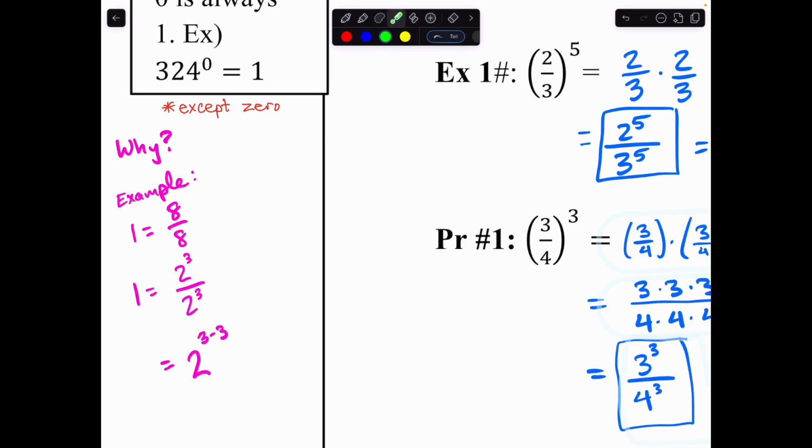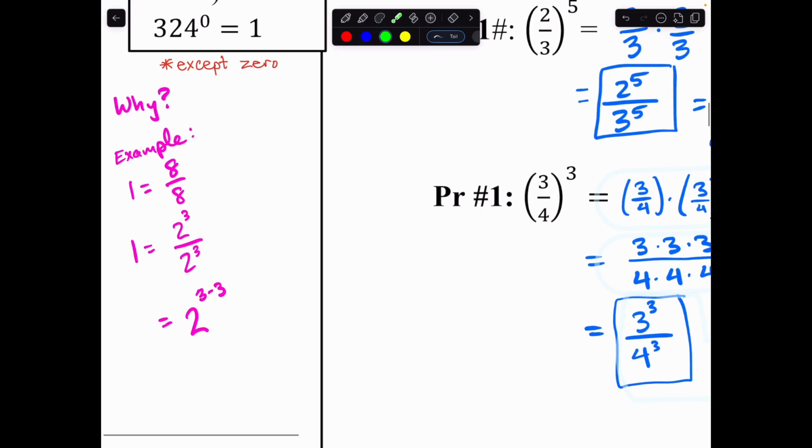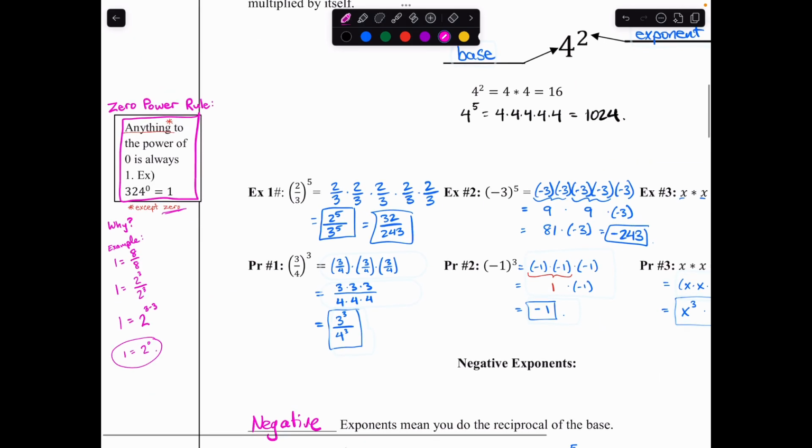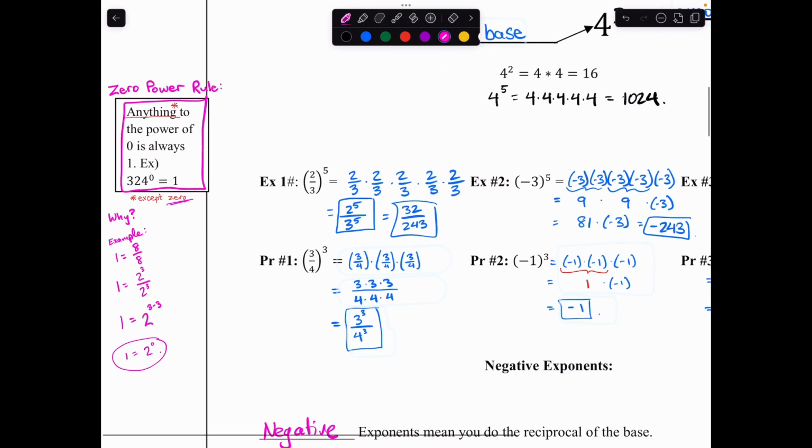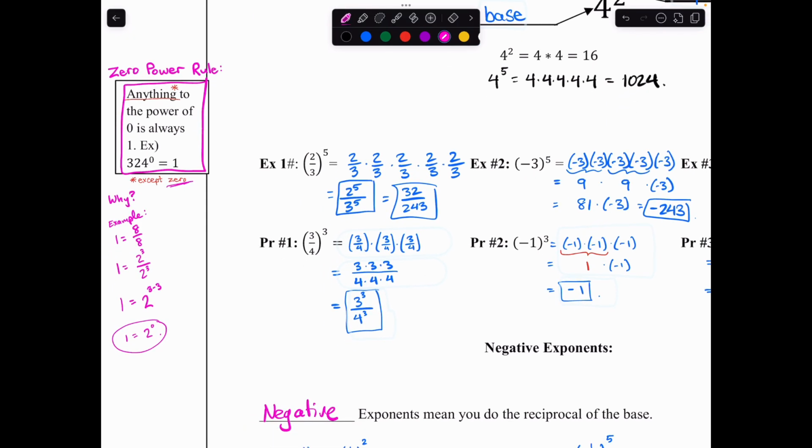We can subtract our exponents. But what is 3 minus 3? It's 0, right? So 2 to the 0 power is 1. The thing about this is that 2, the base, is not unique.